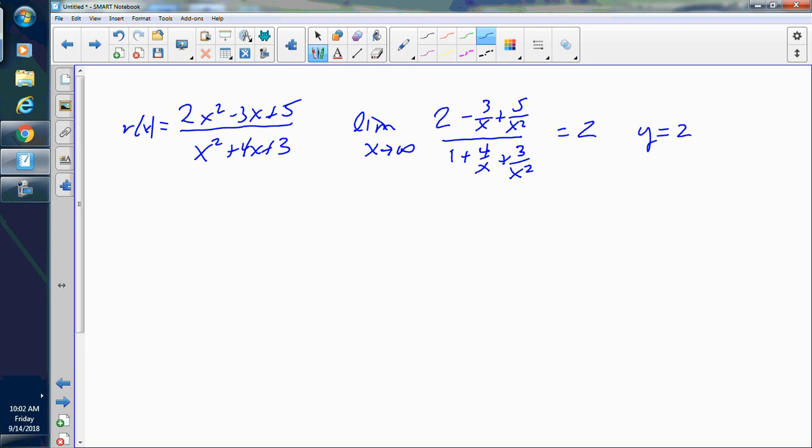A situation where we might have an oblique asymptote is especially in the third situation. So let's say we have y equals 3x cubed plus x squared minus 1 over x minus 2. I can't divide everything by x squared because my denominator would approach 0.